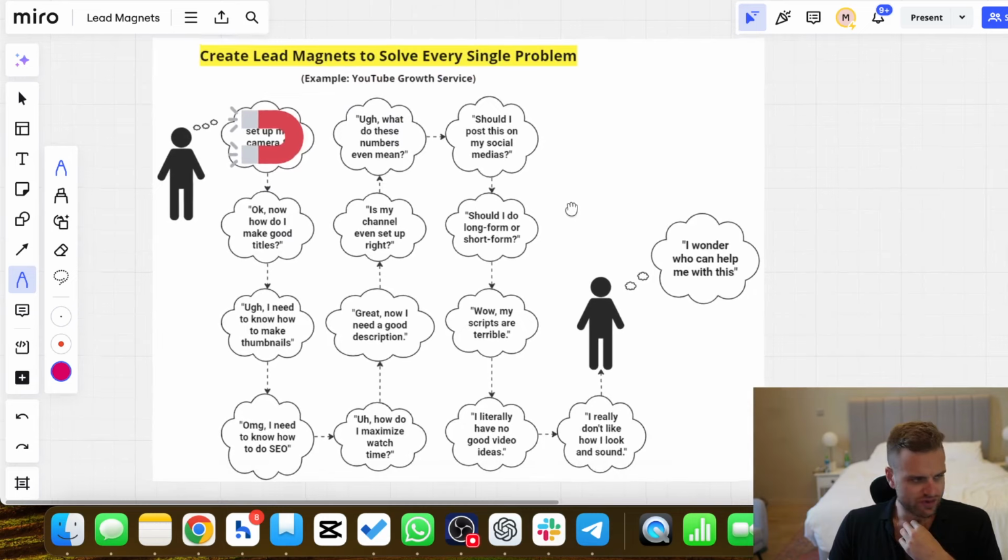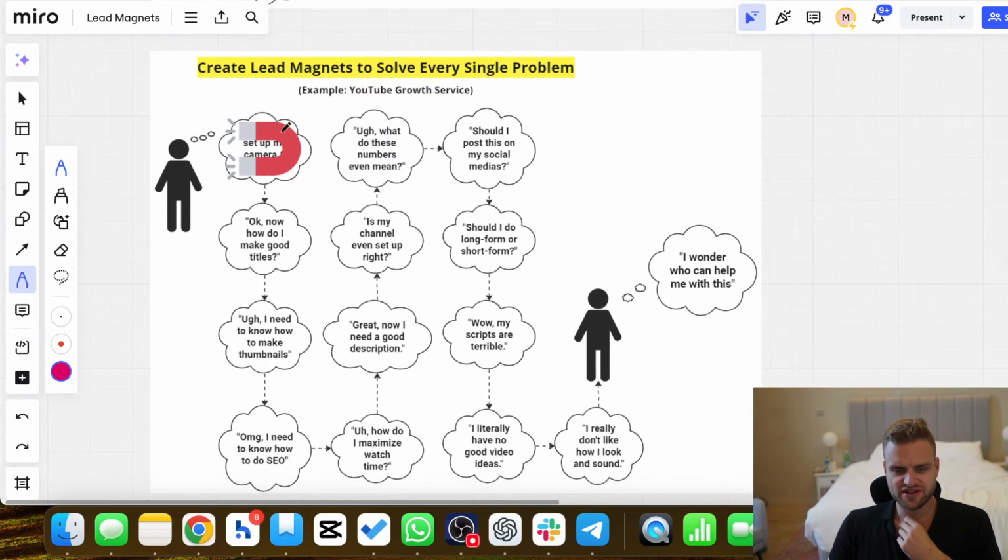The problem with creating just one lead magnet is you might be solving one of their problems, and that's great, but the other problems still exist, and they're still lingering in their mind, and that's still a reason for them not to buy from you. So you might have solved their camera problem in this case, but there are two problems with that. One, there's going to be a percentage of the target market who just doesn't have problems with their camera.